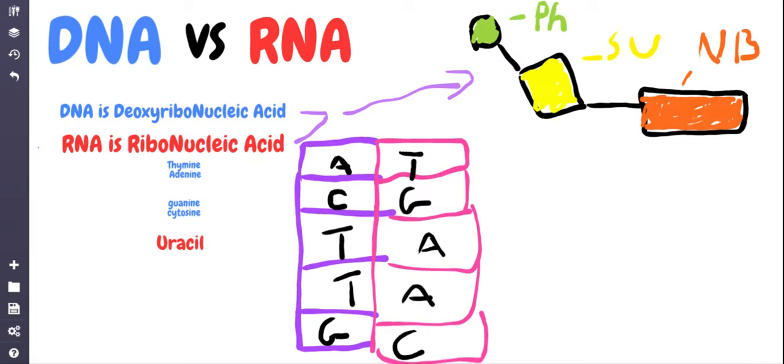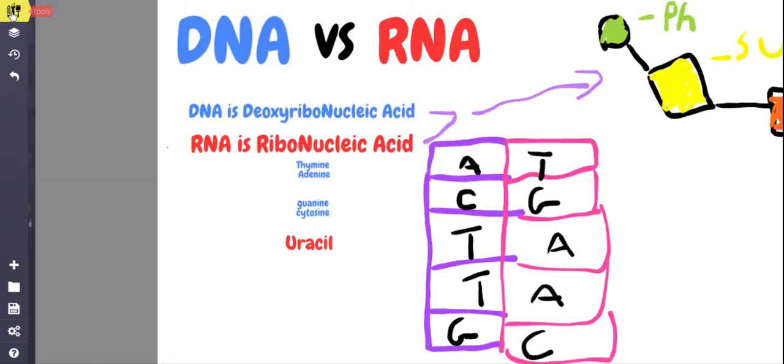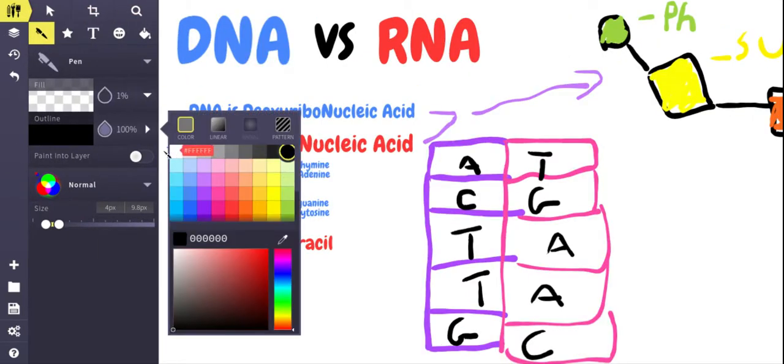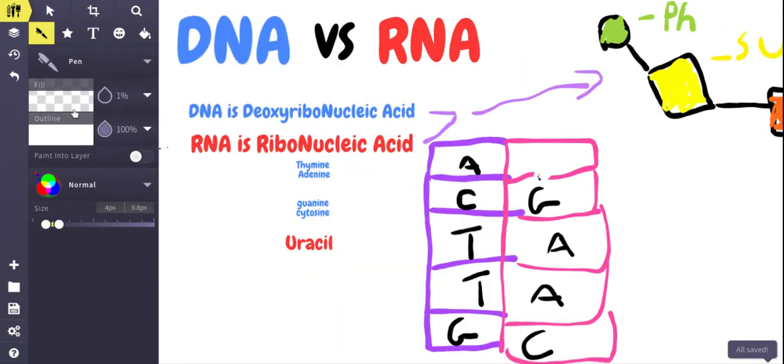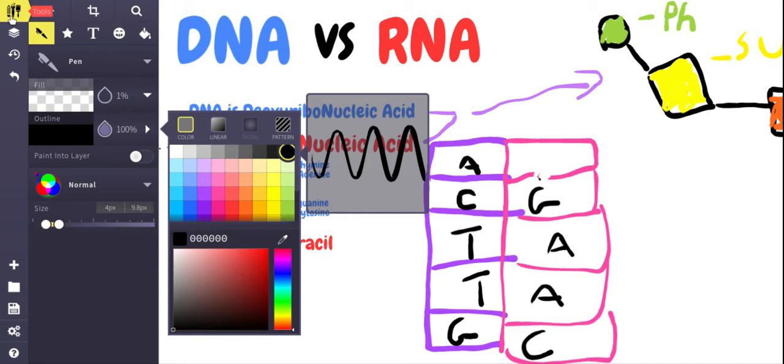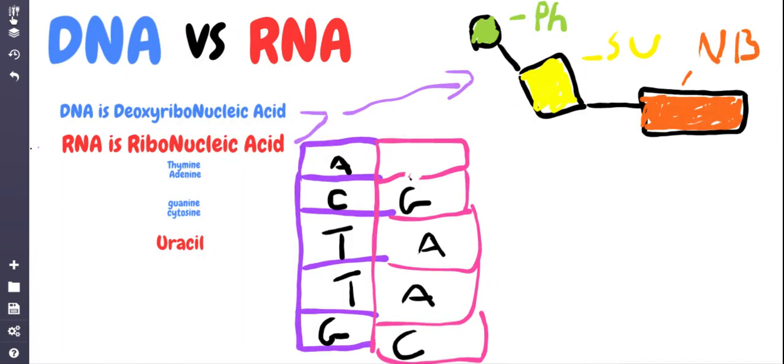And in RNA, it'd be basically the same, except only one part changes. So this one would change into U instead of T. Good. Apple under uracil. This one would go right here for RNA.